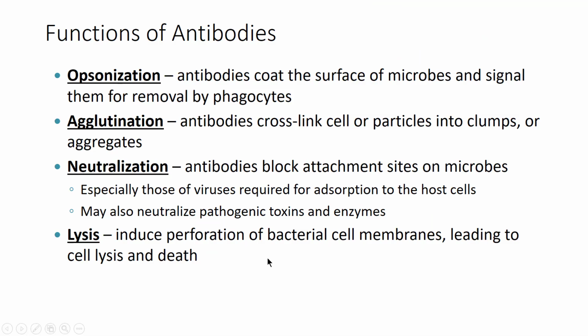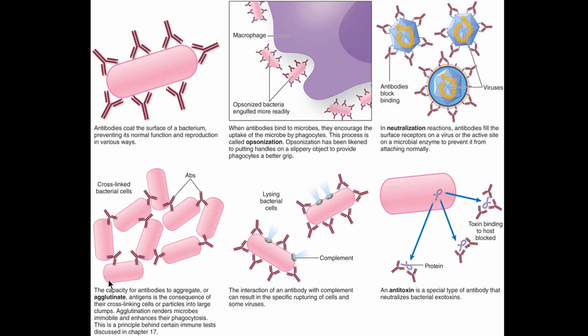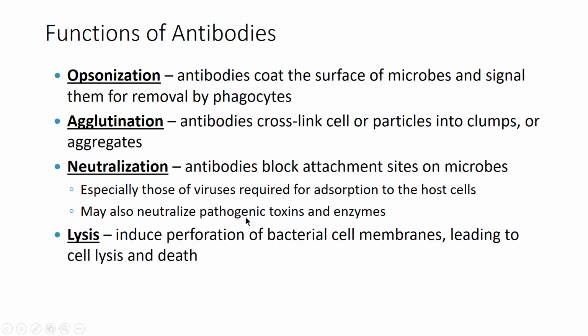And the last thing here is lysis. This is part of the complement system. We talked about complement in the last chapter, chapter 15. One of the mechanisms of the complement system is that the complement proteins bind along with antibodies, and the complex between complement proteins and antibodies ends up puncturing holes in the membranes of things like bacteria primarily. That's a simplified bullet point on a more complex process, but that's what it means.